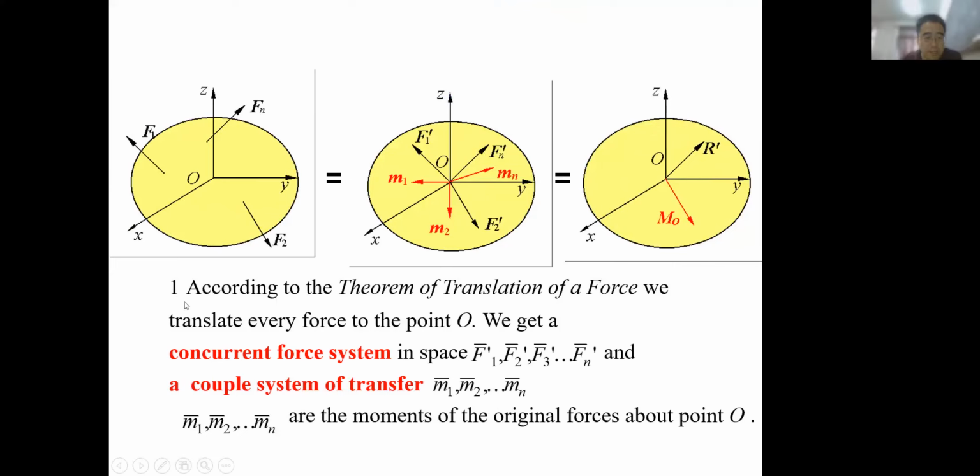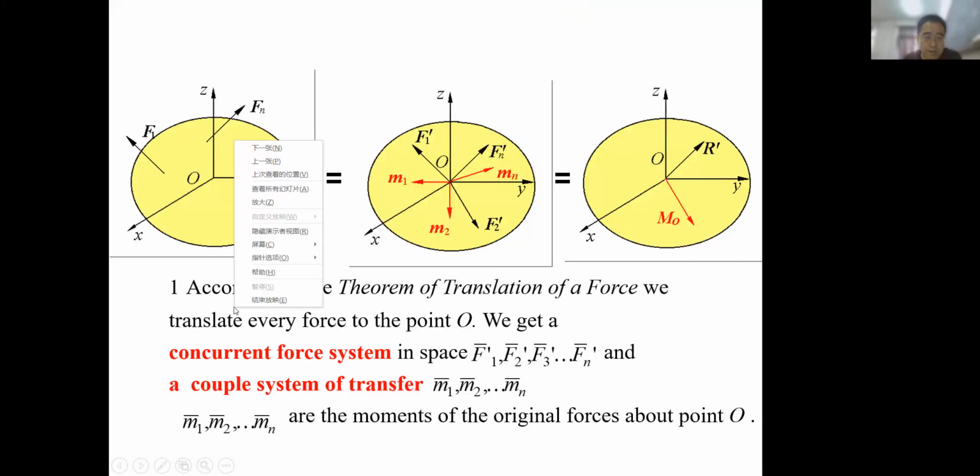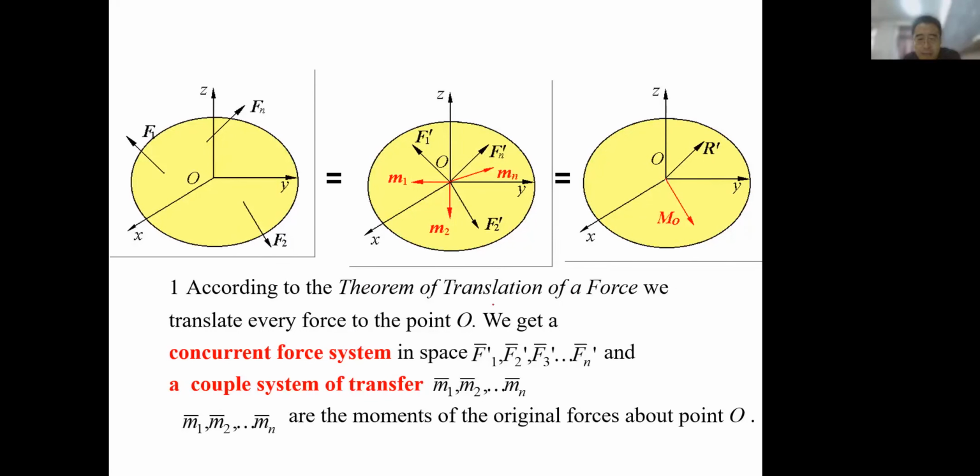So you guys, we can see from this final result, according to the theorem of translation of a force, we translate every force to the point O, right? So actually we get a concurrent force system plus a couple system of transfer M1, M2, and Mn, right?